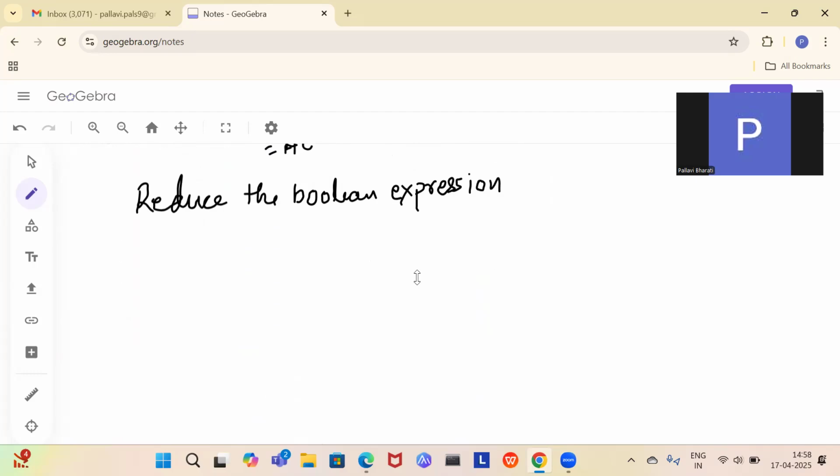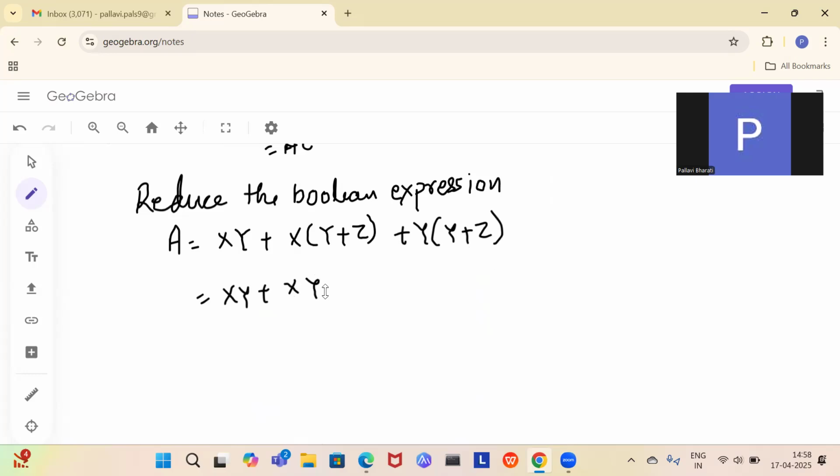A equals to xy plus x into y plus z plus y into y plus z. So first thing you're going to do is multiply this: xy plus xy plus xz plus y into y, right?